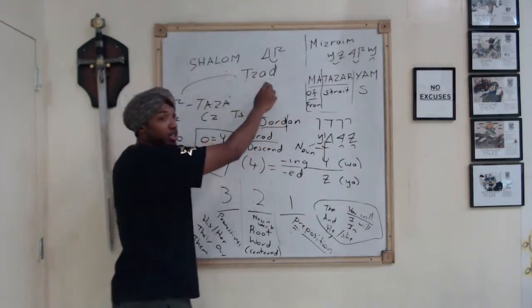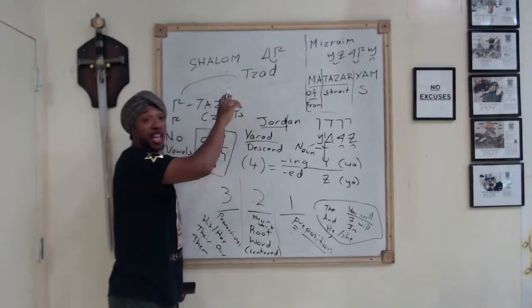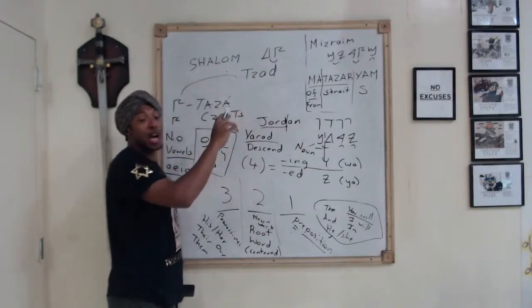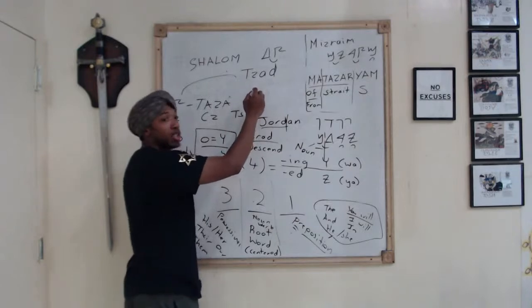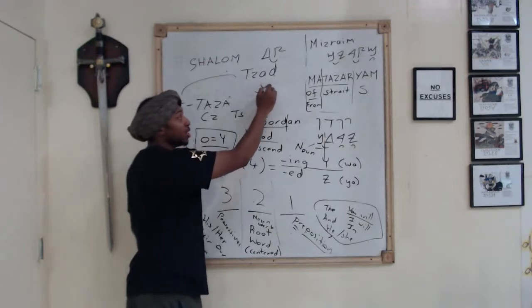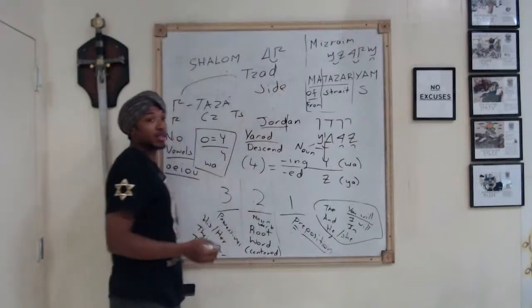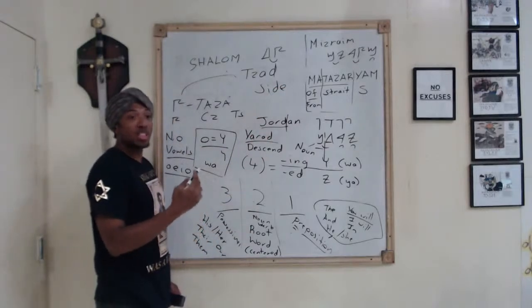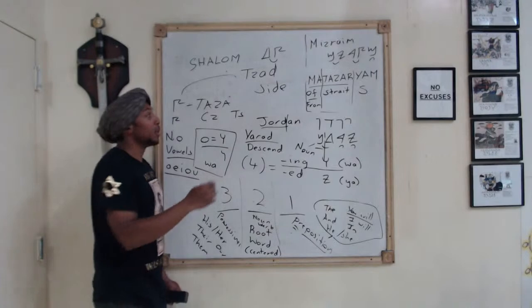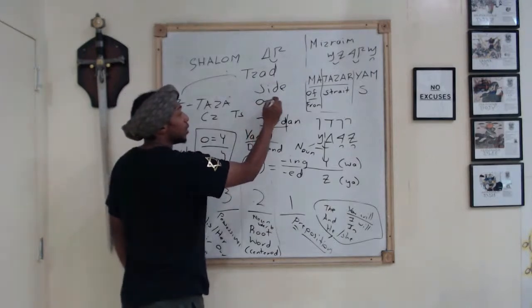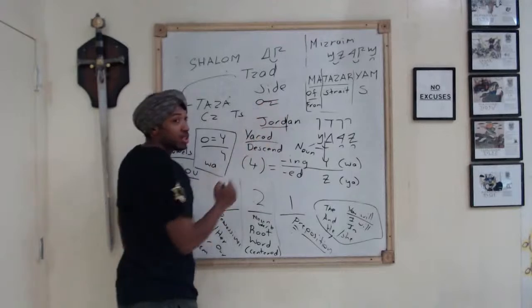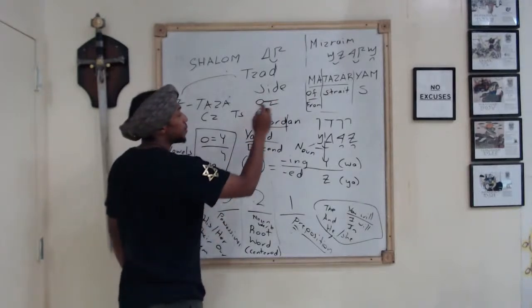And Zad, it is in English exactly what it sounds like. Side, because you speak on your side. You sleep on your side, right? So it's a figure of a man on his side, right?